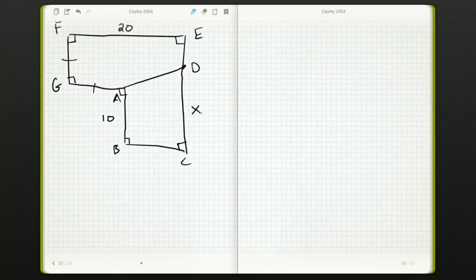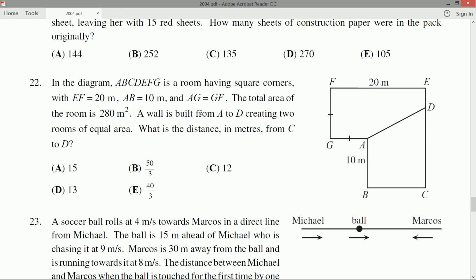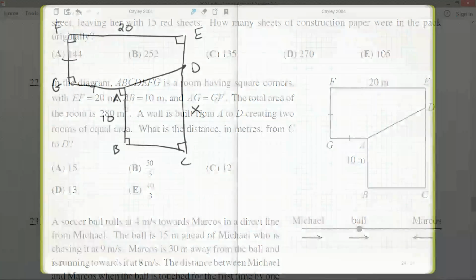What can we do? Let's see here. Well, let's start chopping the area up.